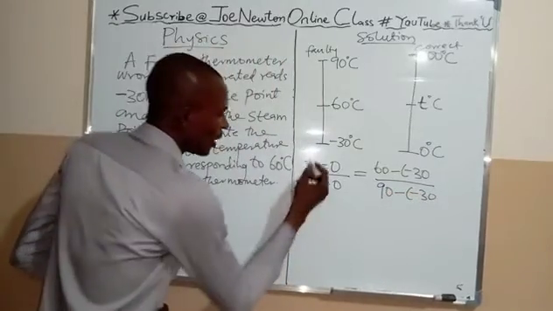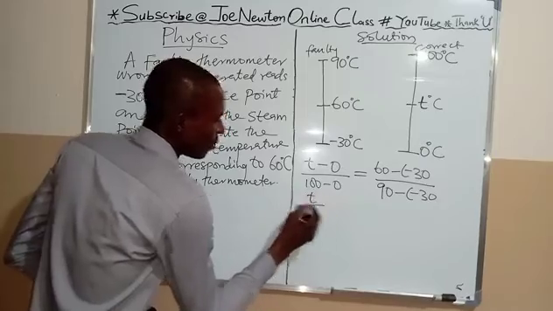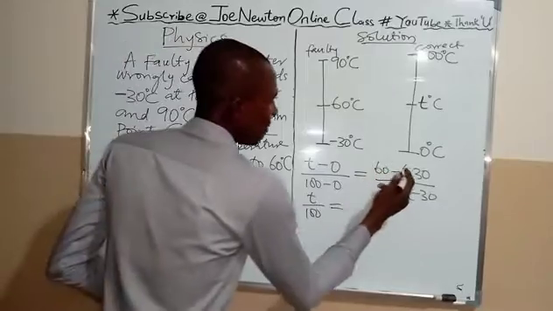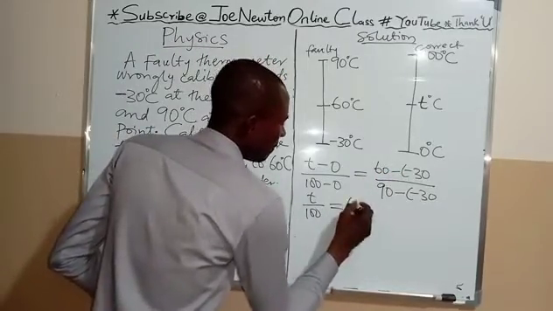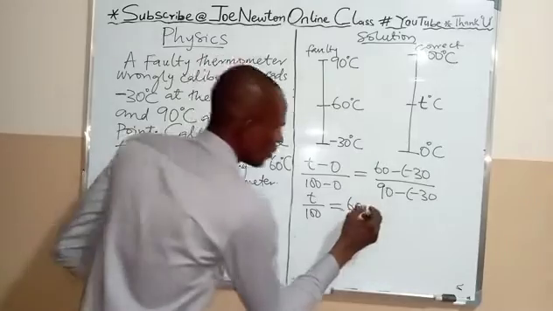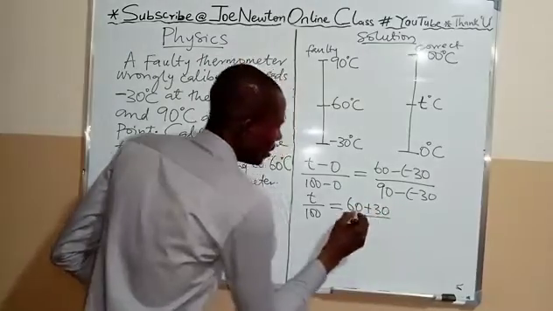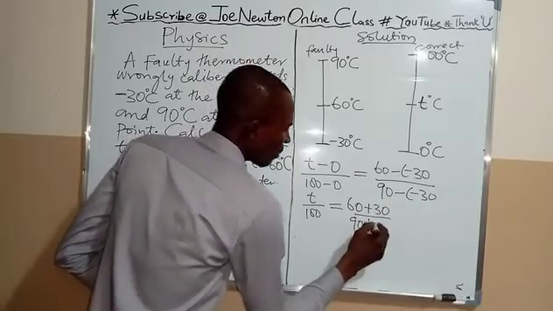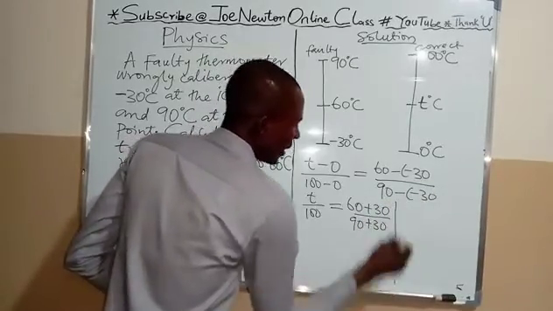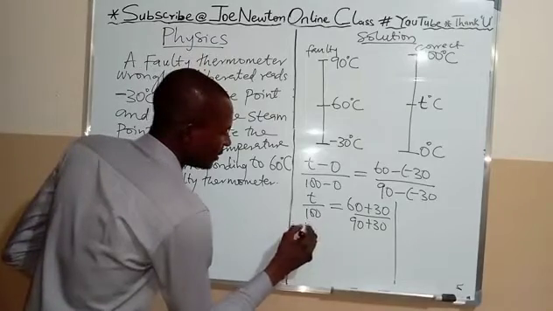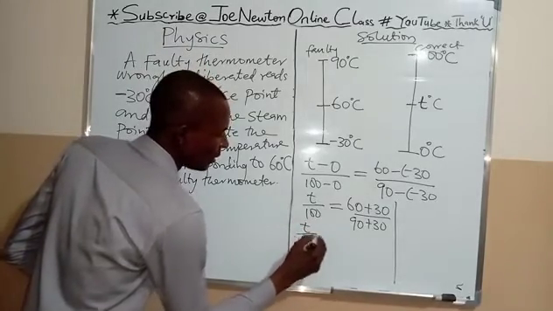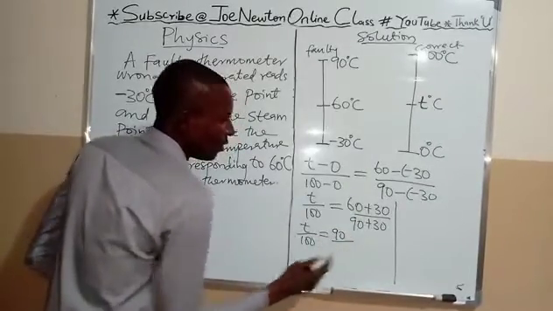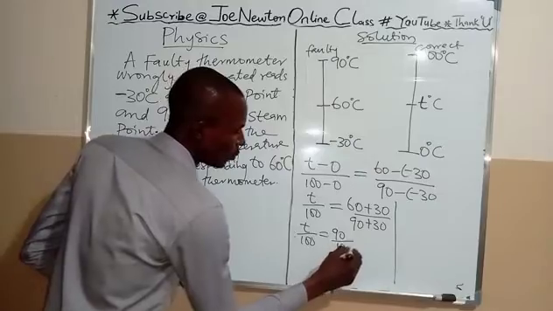Then we further have T minus 0 is T, all over 100 minus 0 is 100, equals 60 minus minus 30. Minus times minus in mathematics is plus, so 60 plus 30, all over 90 plus 30. Then we have T over 100 equals 60 plus 30 gives us 90, all over 90 plus 30 gives us 120.